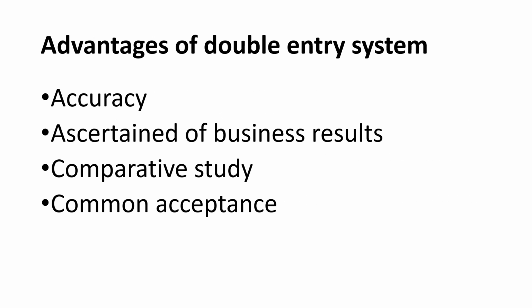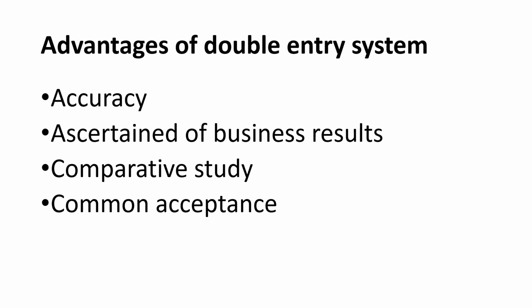The advantages: first, accuracy. In this system the two aspects of each transaction are recorded in the books of accounts, which helps in checking the accuracy. The next one is ascertainment of business results. Details like expenses, losses, income, gains, assets, liabilities, debtors, and creditors are readily available in this system.